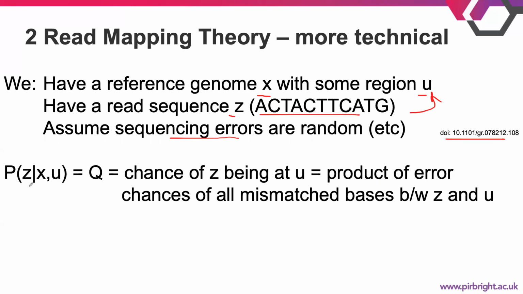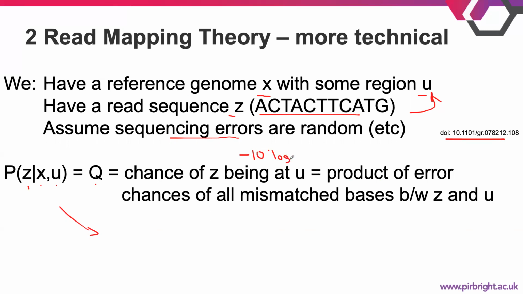So what we're computing is the probability of some read mapping at the region U given X. We call that Q. And what this paper outlines is how we can estimate that based on the product of the error chances of all the mismatched bases between Z and U. So what we're calculating here is that we're ignoring the matching bases. And remember that the error probability is for scores where this mismatch is scaled by -10 by log base 10.